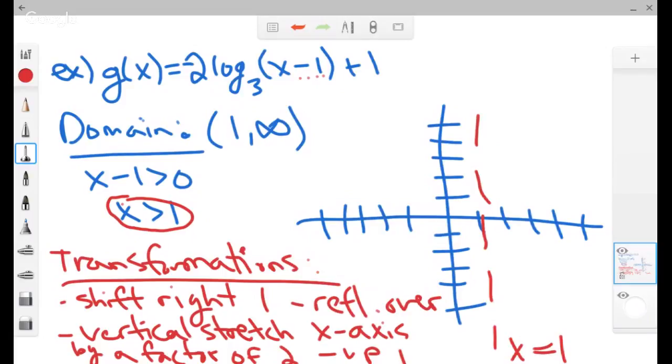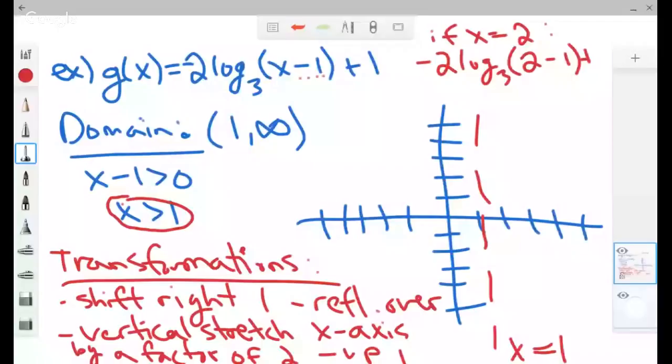If x is 2, I have -2 log base 3 of 2 minus 1, plus 1. So that's -2 log base 3 of 1.